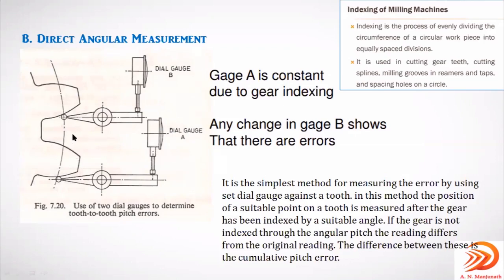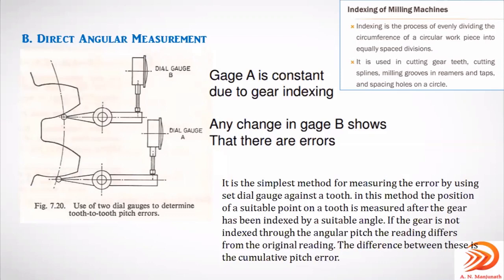If the gear is not indexed through the angular pitch, the reading differs from the original reading. So whatever the difference is, that will be the error in the pitch of the given gear blank, right? So this is another way in which you can measure the pitch of the given gear blanks.